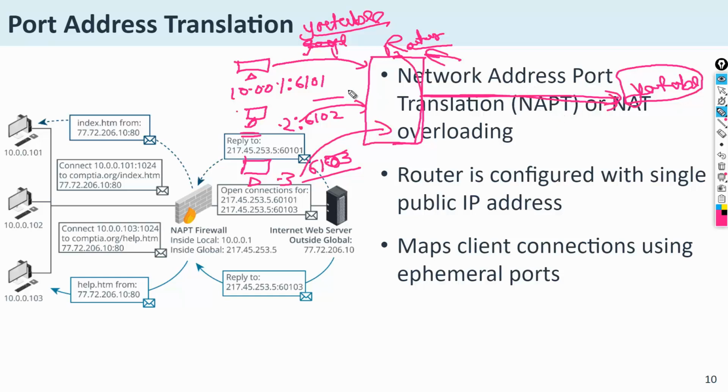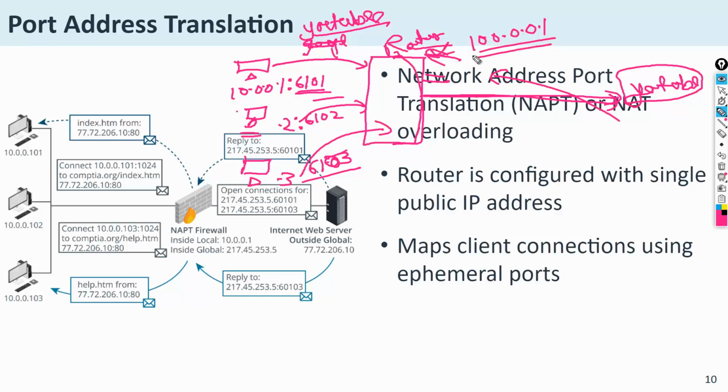For example, if the traffic is coming from 6101, where will the reply reach? It will reach the router. There is one public IP address, 100.0.0.1, on my router.